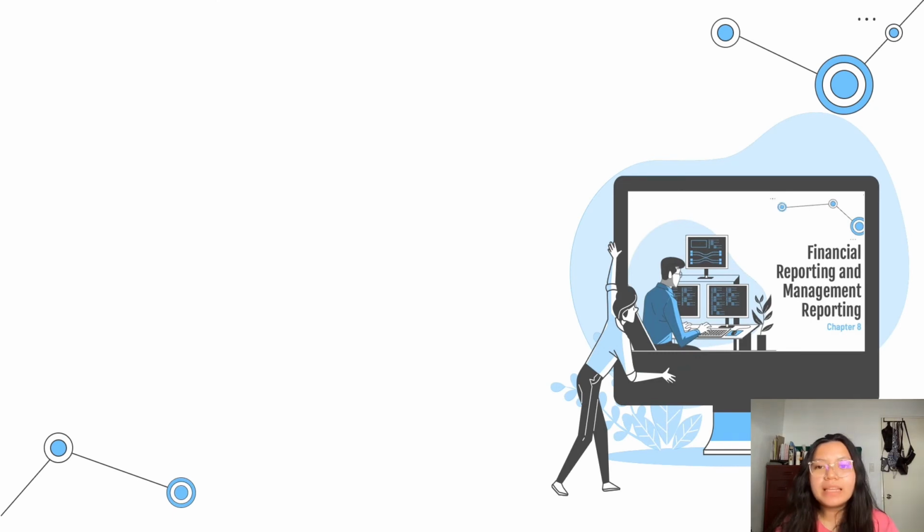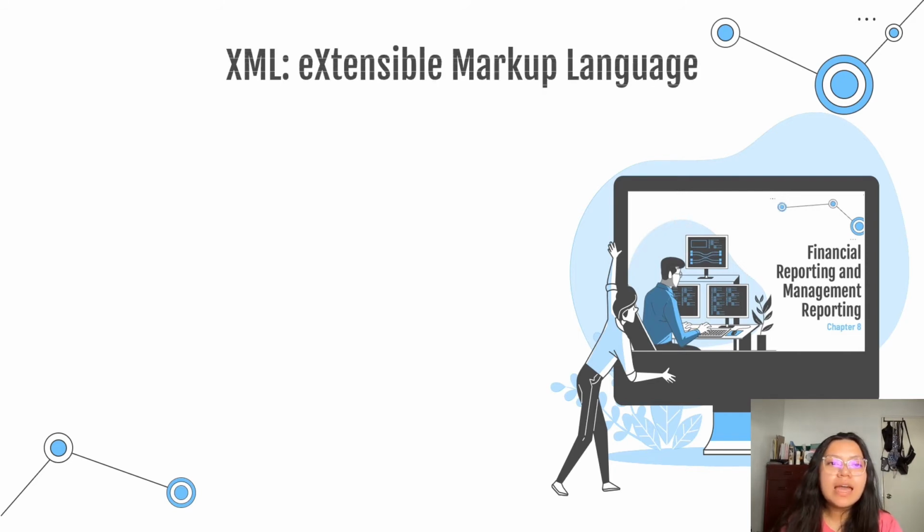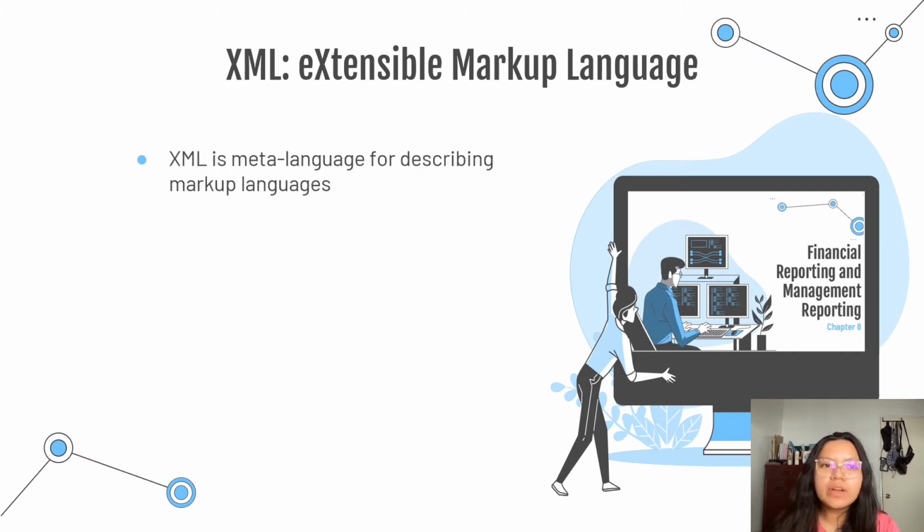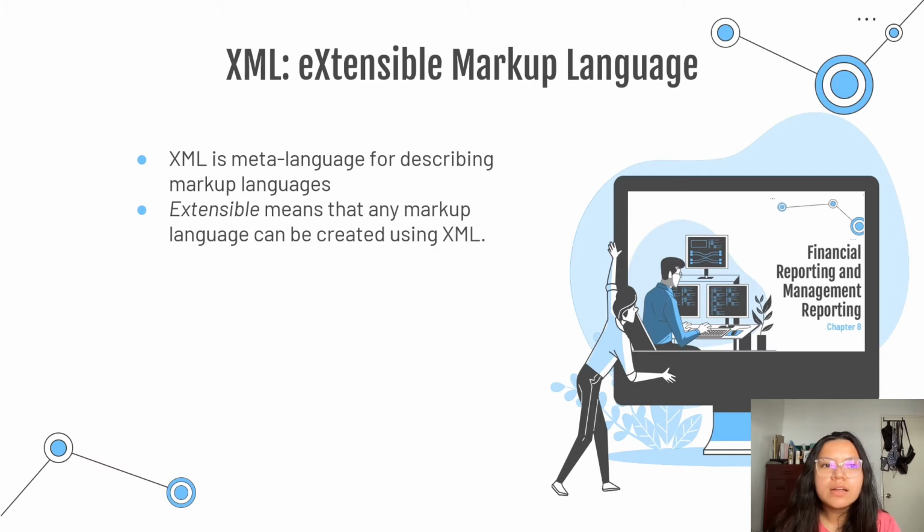In HTML, you cannot process it through IT automation, kaya ngayon dito lalabas si XML, or the Extensible Markup Language. XML is a meta language for describing markup languages, and the term extensible means that any markup language can be created using XML.